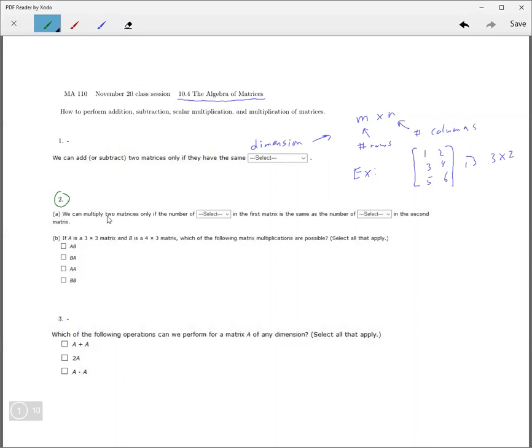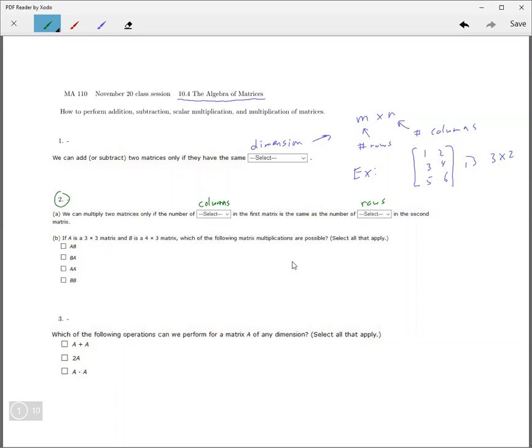Okay, number 2, we can multiply two matrices. Well, I'll get to that right now, actually. We can multiply two matrices only if the number of columns in the first matrix is the same as the number of rows in the second matrix.